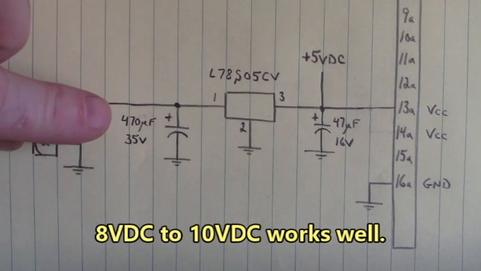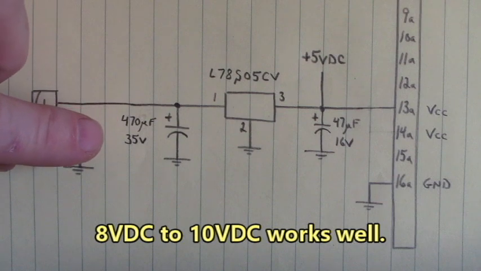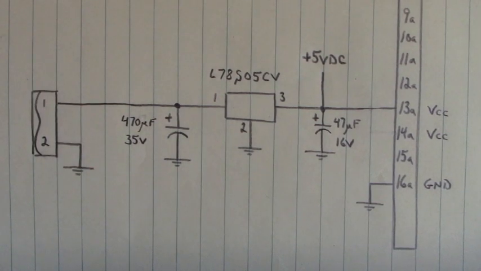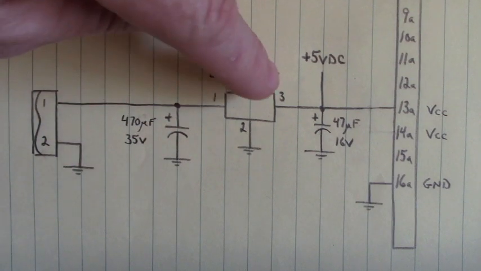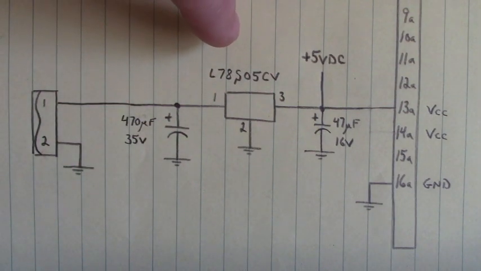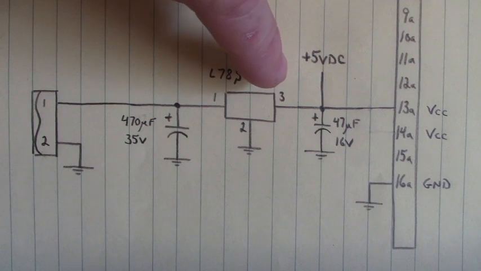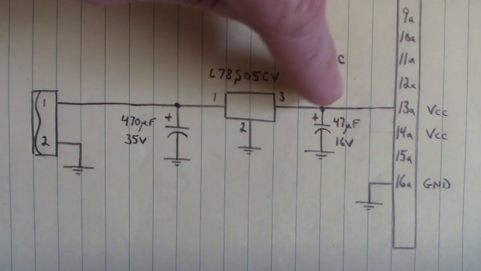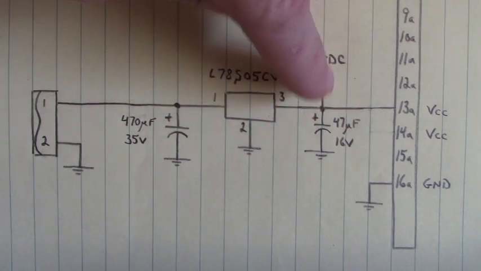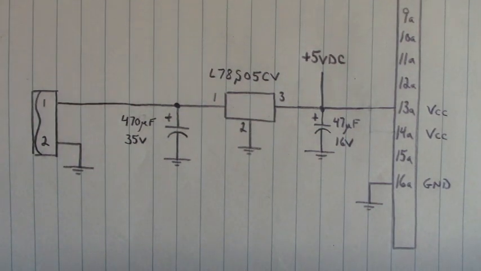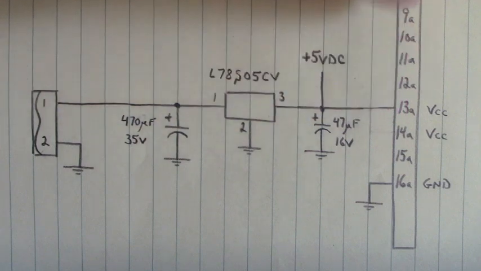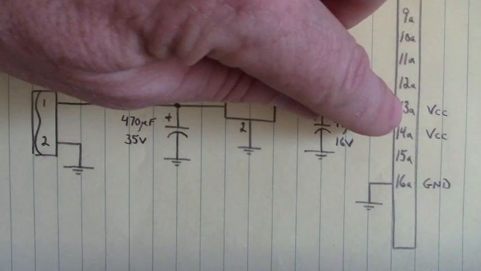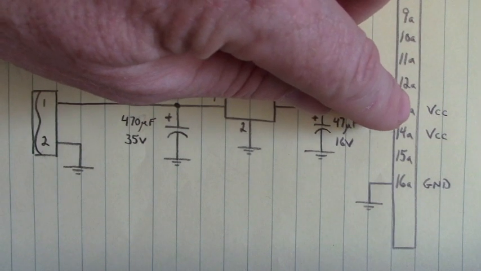It's filtered by this 470 microfarad 35 volt DC capacitor right here. The output of the 7805 is 5 volts, and it's further filtered on the output side by that 47 microfarad 16 volt capacitor, and it's going to go into the Indramat software module on pin 13A.